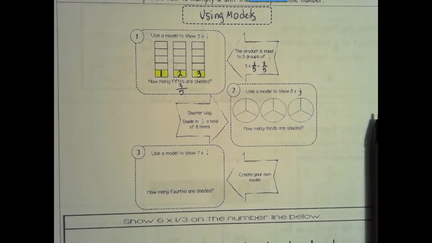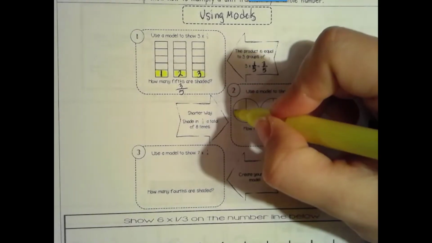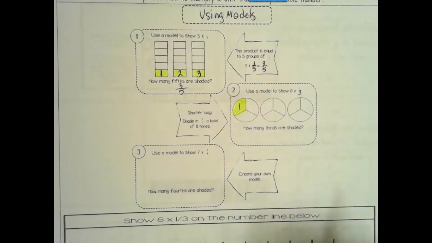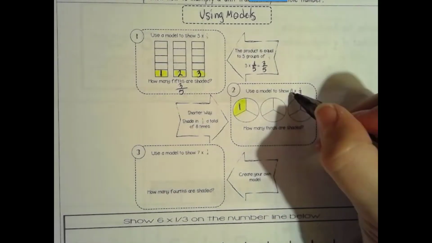So it says that we want to have 8 of them. So here's 1/3. That's my first one. 1/3. And I need 8 that I'm joining together.